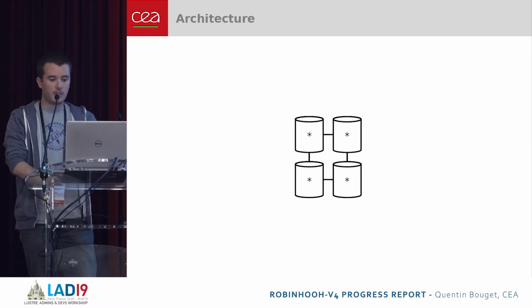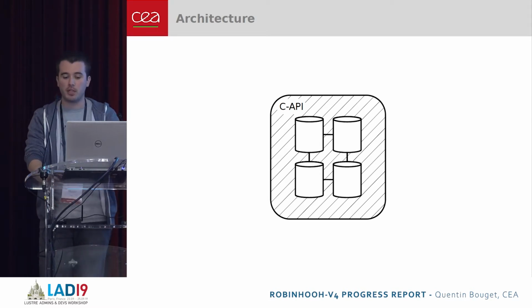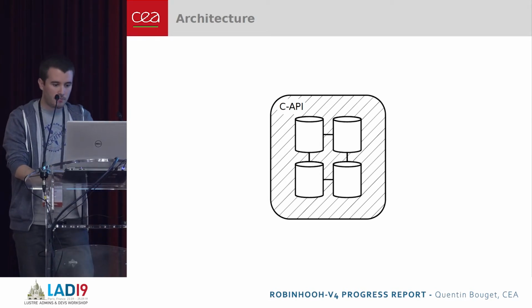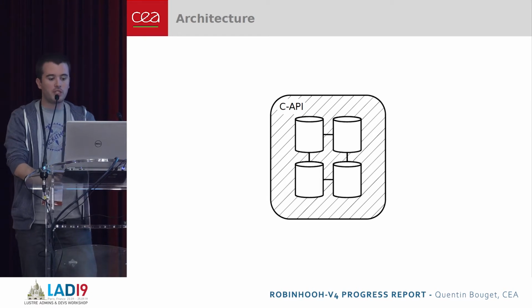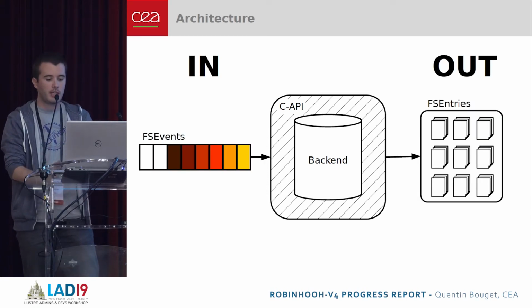The way to do this is to put the backend behind a C API, an interface, at which point it doesn't really matter that the backend is distributed or not. What you need to do to support a backend in Robinhood is implement this C API, which is basically a set of operations to push data in the backend and pull data out.